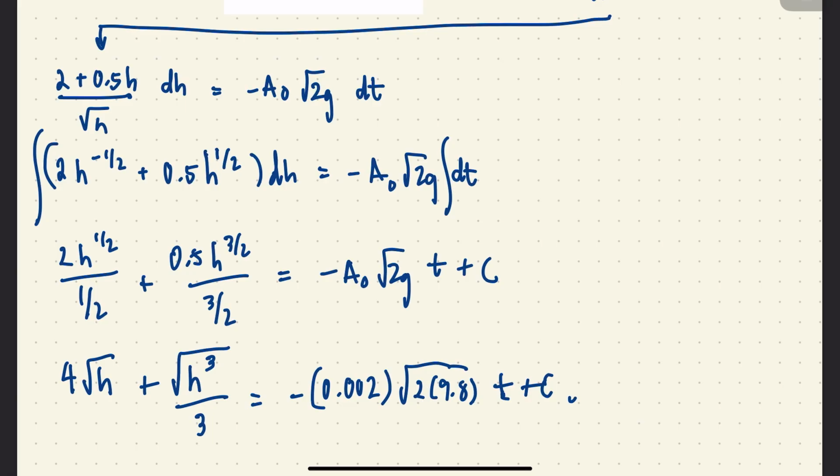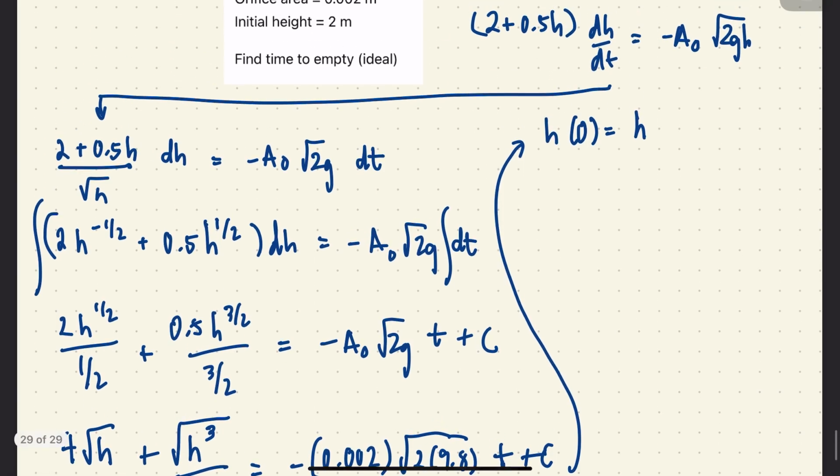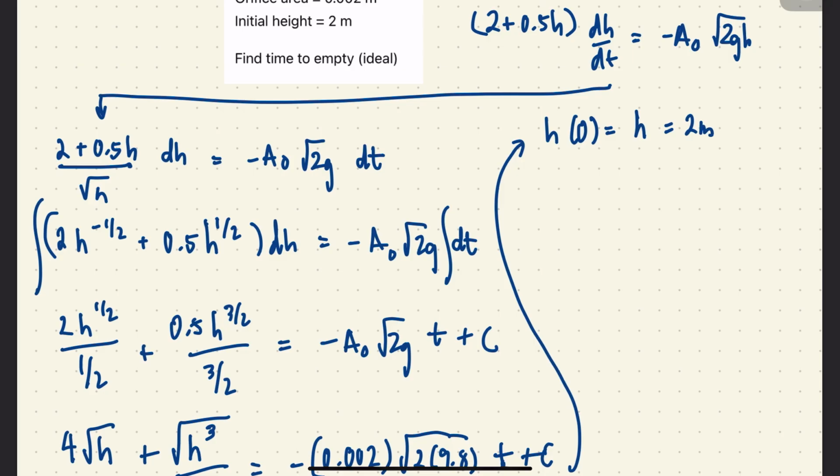We apply the initial condition wherein at t equals 0, your h is equivalent to 2 meters, or your initial height, I mean.